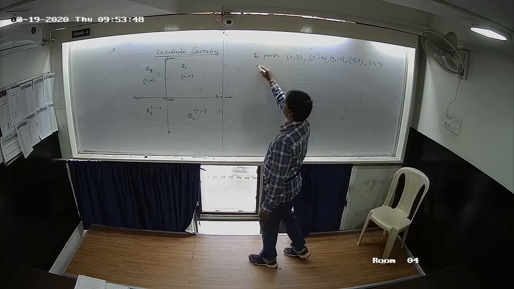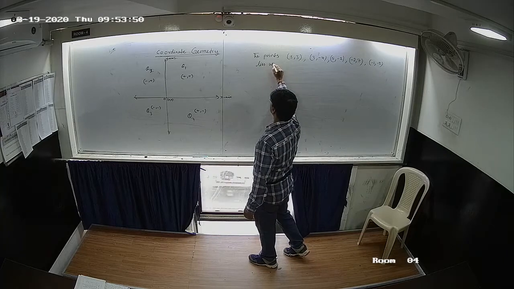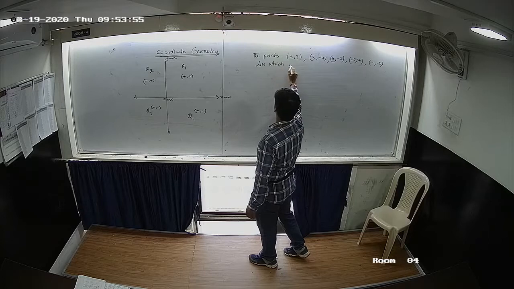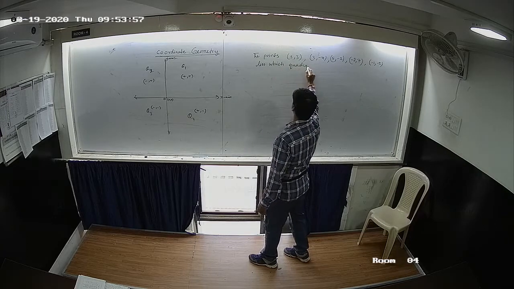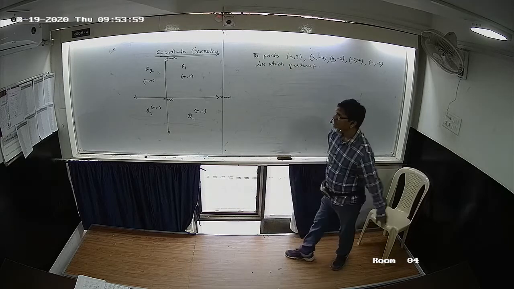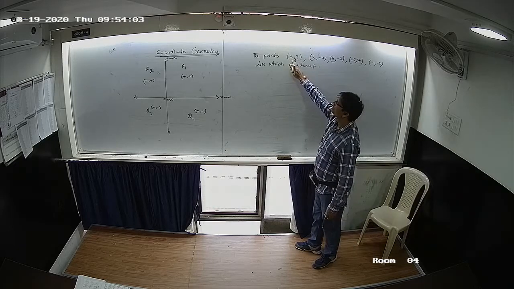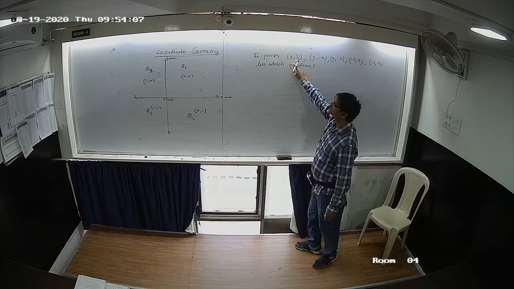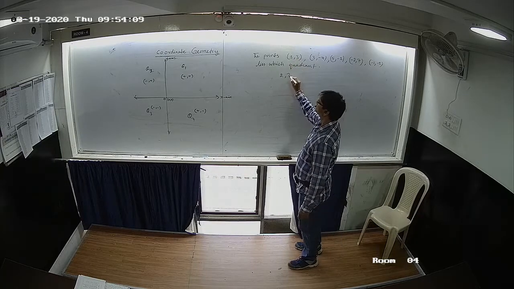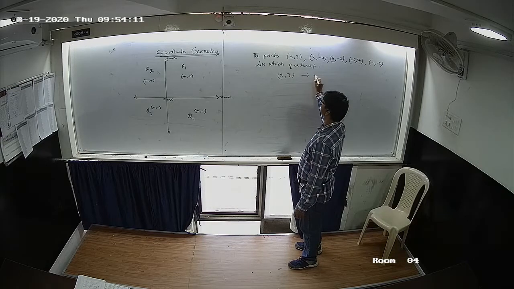Like in this quarter, the first point, (2, 3), both the x coordinate and the y coordinate are positive. So (2, 3) lies in Q1.